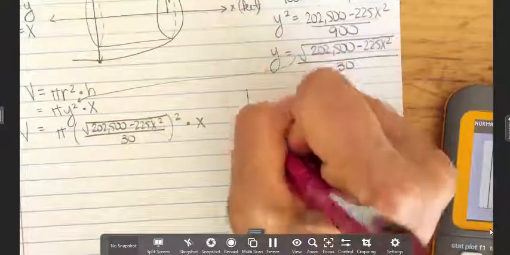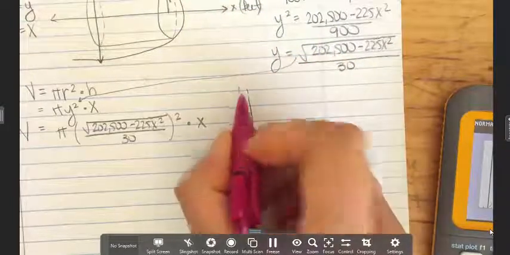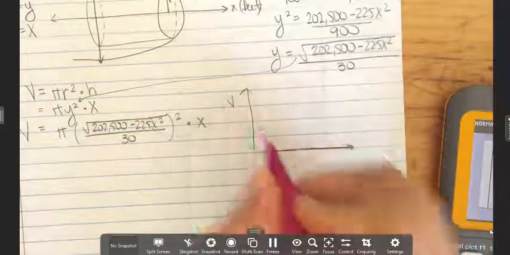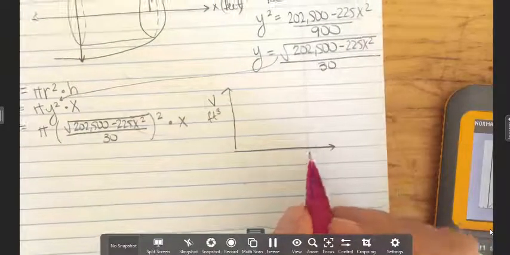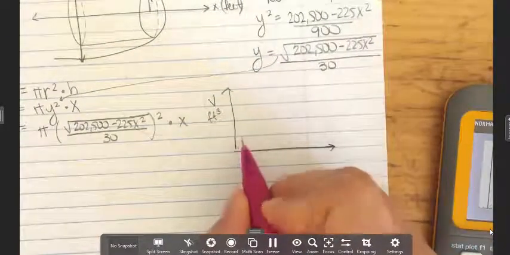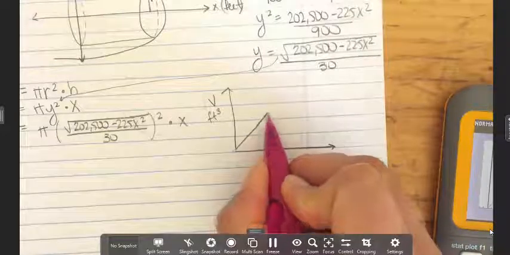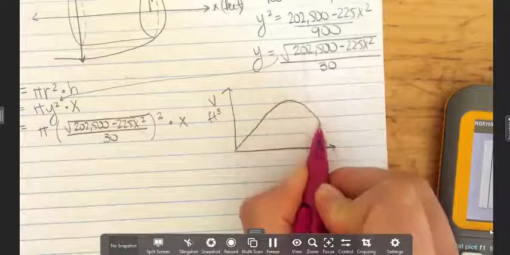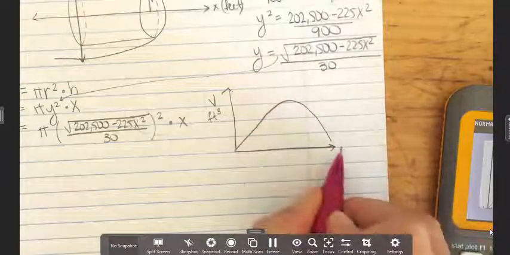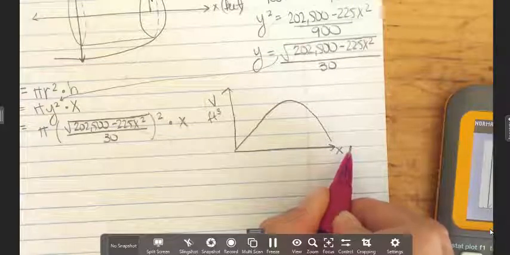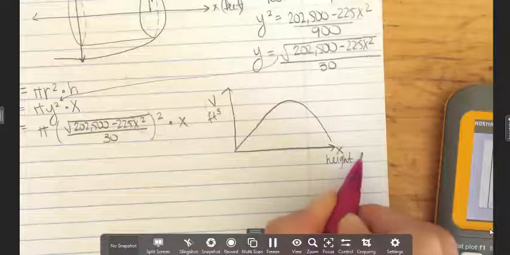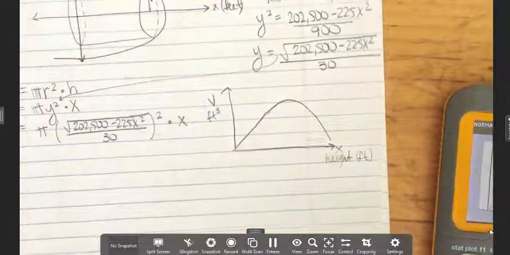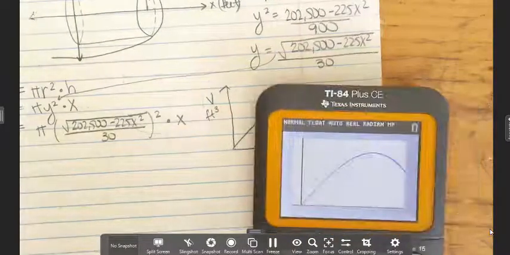Okay, so this is our volume. That would be feet cubed. And then going through here, looks something like this. Let's just pretend like that's right. And this is our x, and our x is actually our height, right? And these are just in feet. Okay, so finding my max.